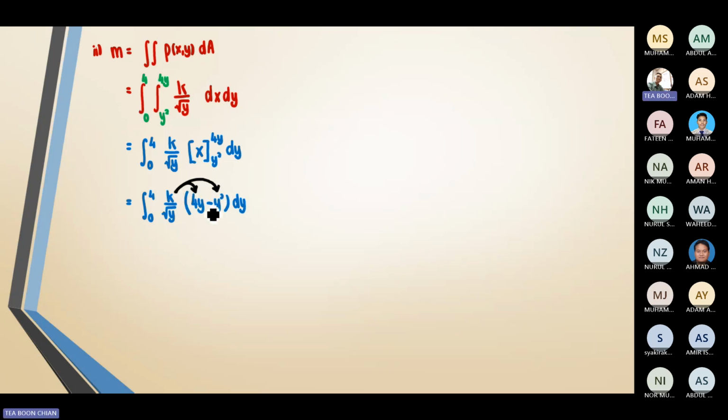The same variable y must be simplified before you integrate with respect to y. Remember this trick. If you expand, y and square root of y can be simplified into 4k square root of y, minus k over square root of y distributed into negative y power 2 gives you k y power 3 over 2.